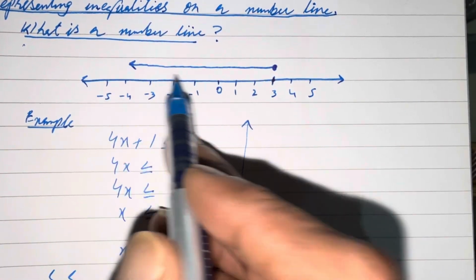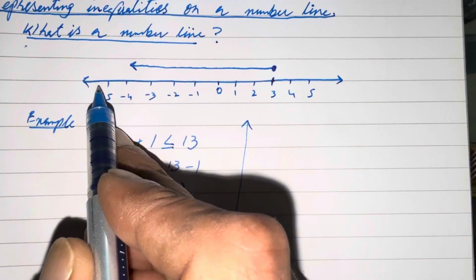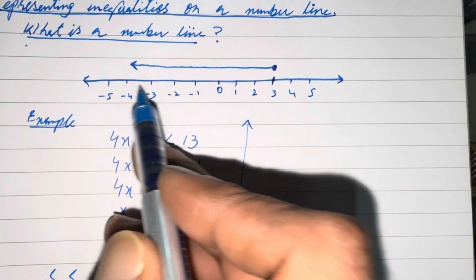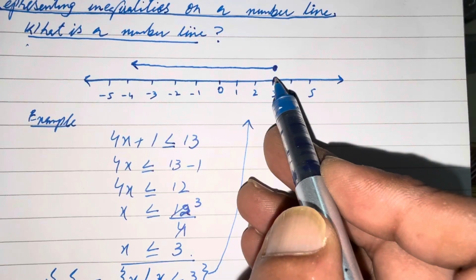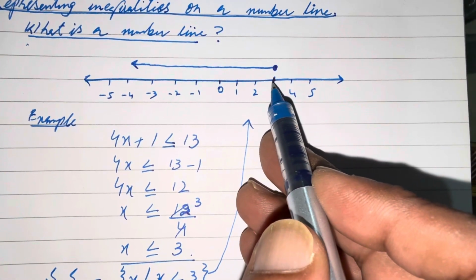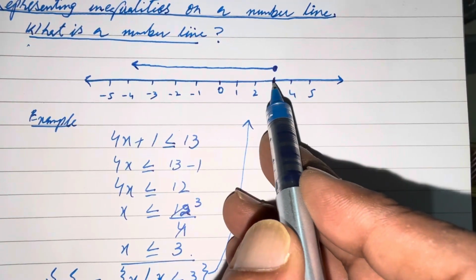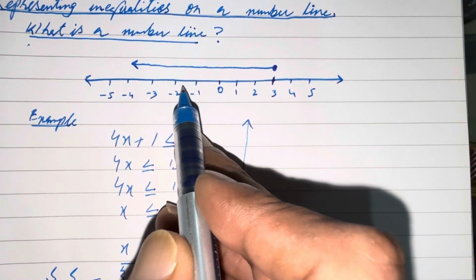All the numbers starting from 3 on the left hand side will be less than, and equals means 3 will be included in this solution set on the number line.